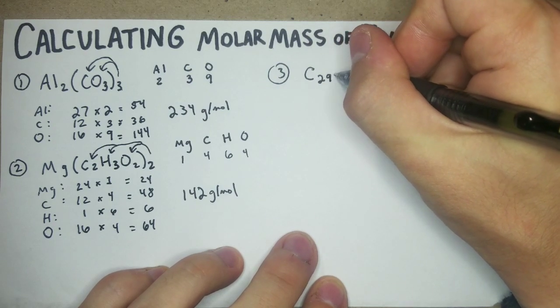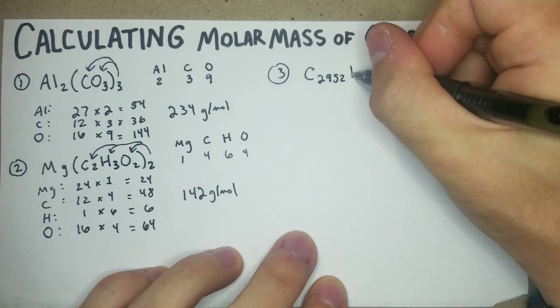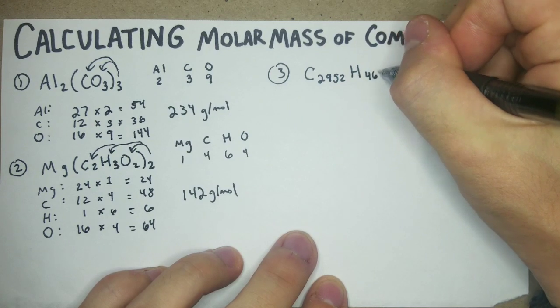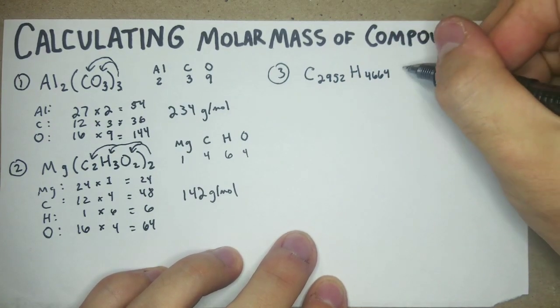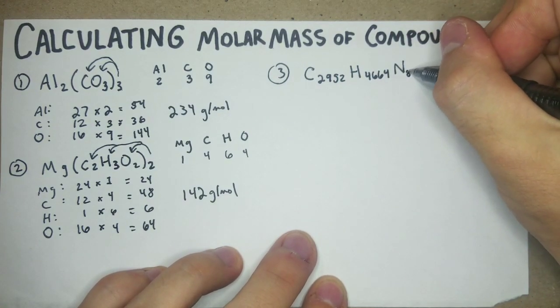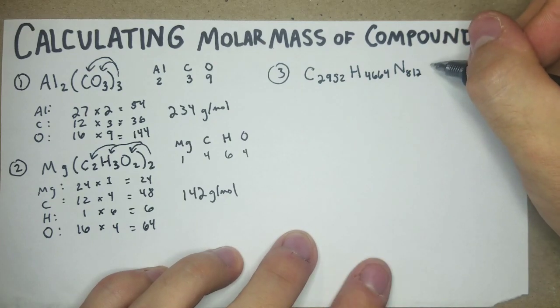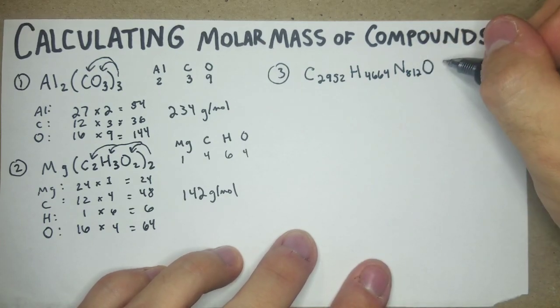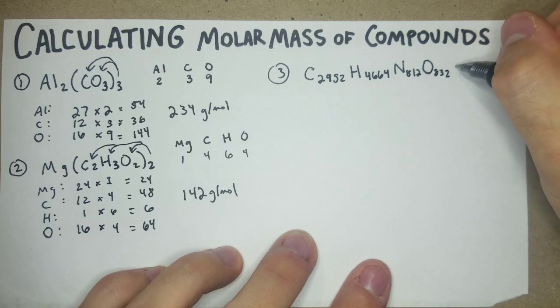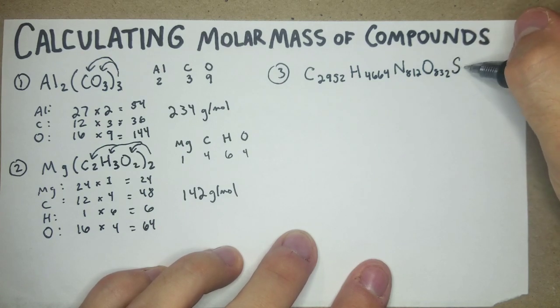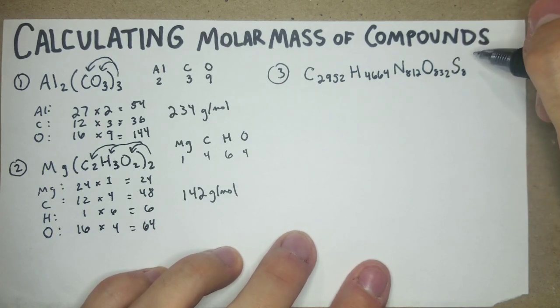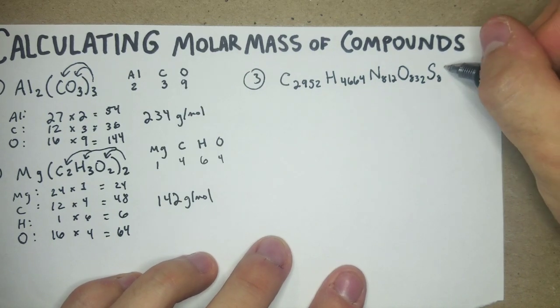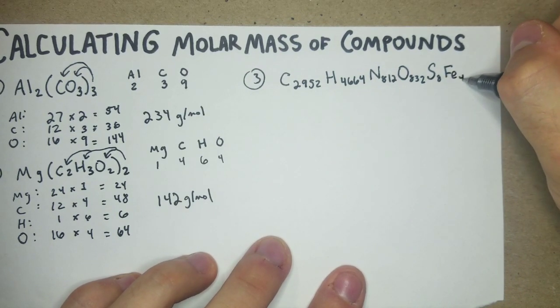Carbon 2,952, hydrogen 4,664, nitrogen 812, oxygen 832, sulfur 8, and iron 4.